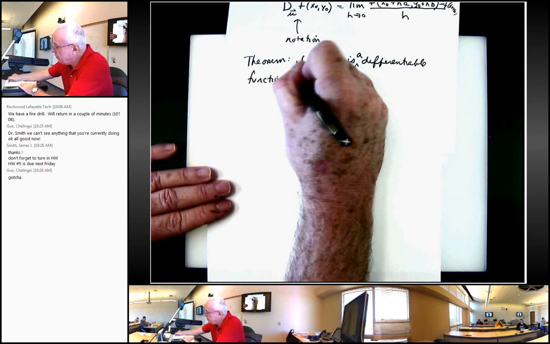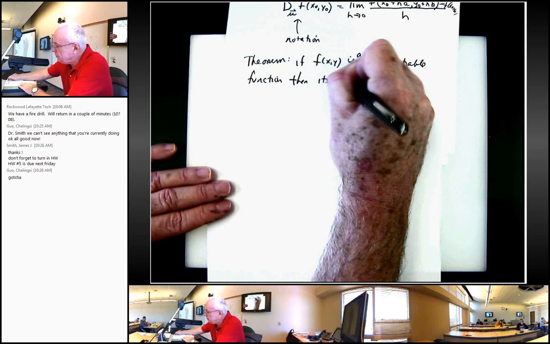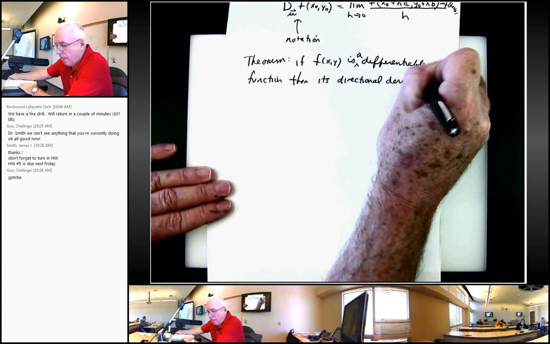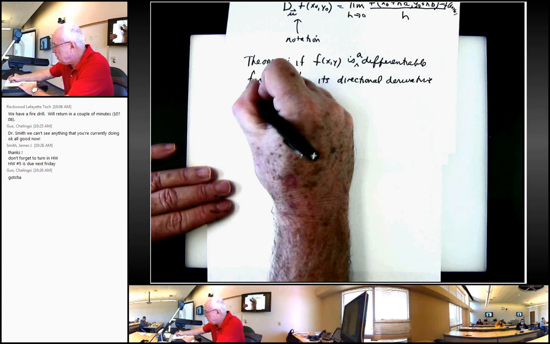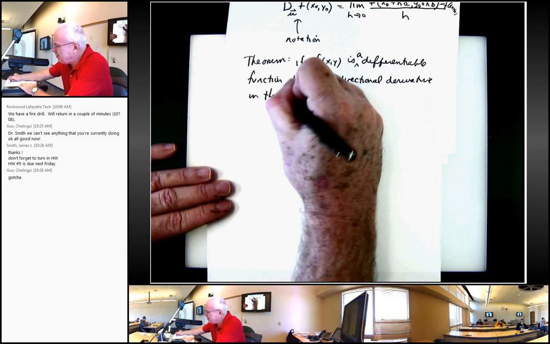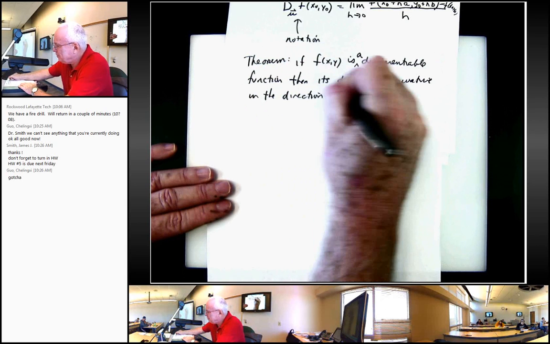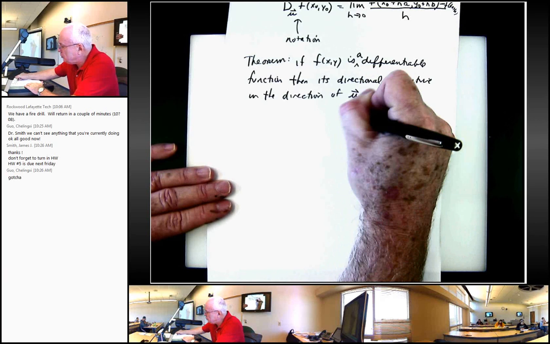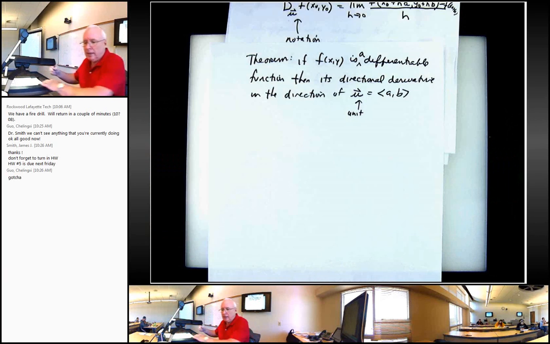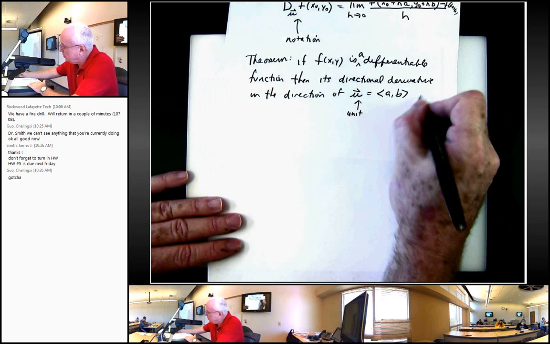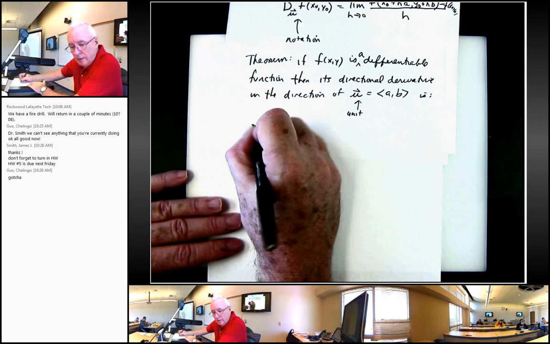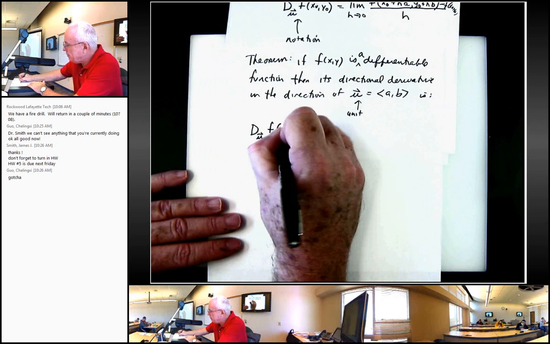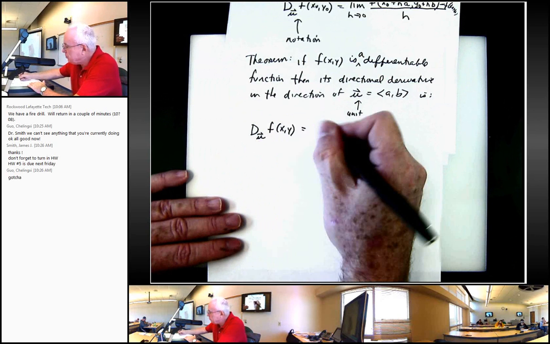If f(x,y) is a differentiable function, then its directional derivative in the direction of u equal to (a, b), again, this is a unit vector, is D_u of our function f(x,y) equals this.